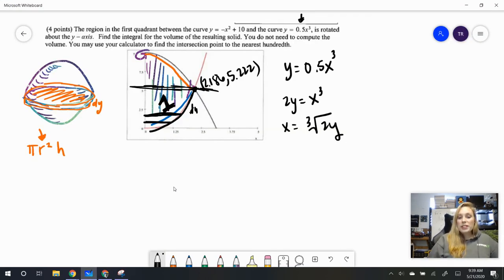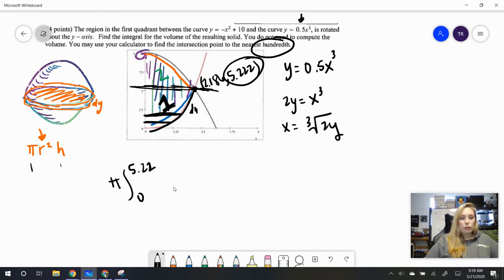So now it's a matter of writing that piece of the integral, because we need this first piece, and then we'll need to find the second piece, and let's do the second piece in a different color, and then we'll add them together. So this integral is going to be pi times the integral of 0 to, we're integrating with respect to y, so we're going to go to here, 5.222, nearest hundredth, that's thousandth, so actually let's just do 5.22.